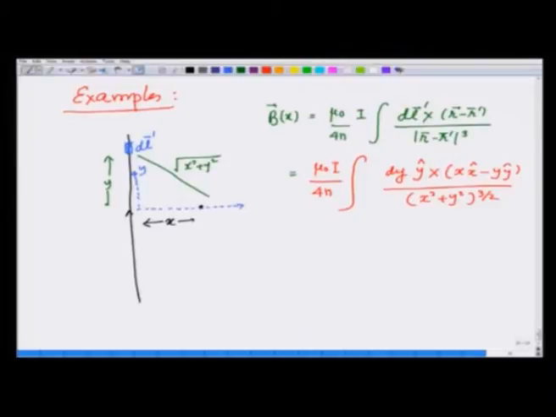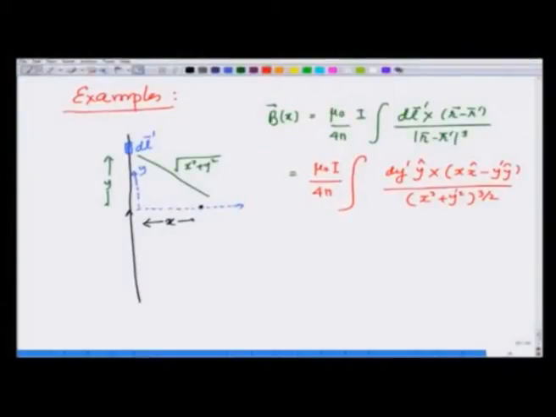Notice that I did not have to write prime out here, but if you like I can write prime here, denoting that prime is where I am integrating, and the unprimed variables are those where I am calculating the field.